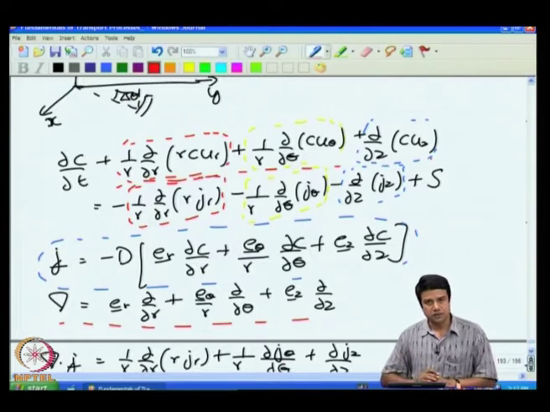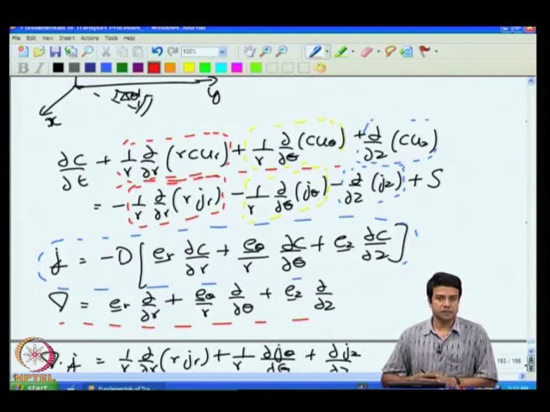Okay. So, this is the form of the operator in that particular coordinate system. One could work this out for other coordinate systems. For example, if you are solving the equation around an elliptical particle, you might want to choose an elliptical coordinate system, and standard expressions are available for these in each of these coordinate systems.